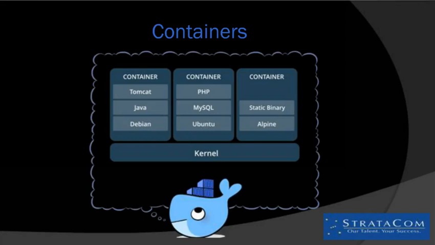And the third container is static binary and Alpine, and they're all running on the same kernel. So all three of these containers could run on the same machine with this myriad of software. One of the big advantages is that you can share hardware across these containers and not have the conflicts that you would running these applications on the same machine independently.